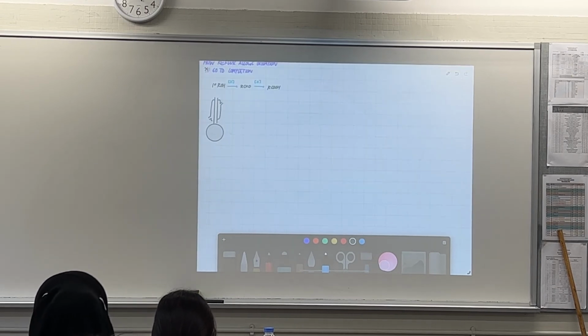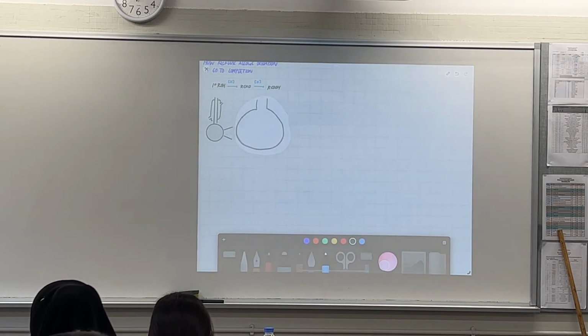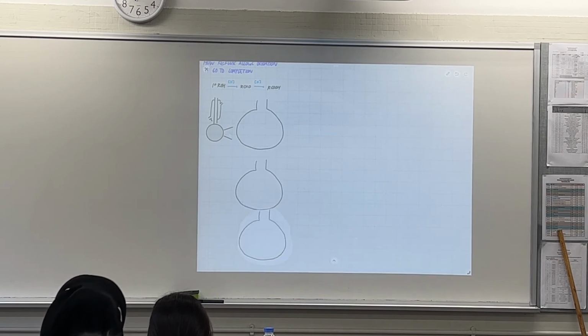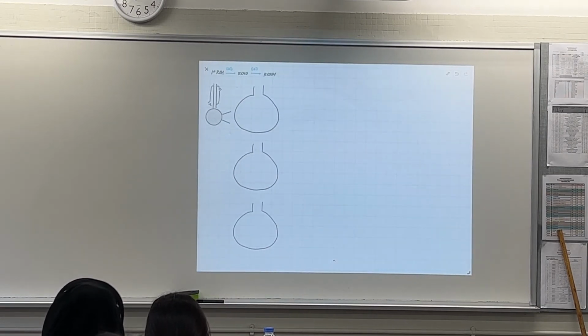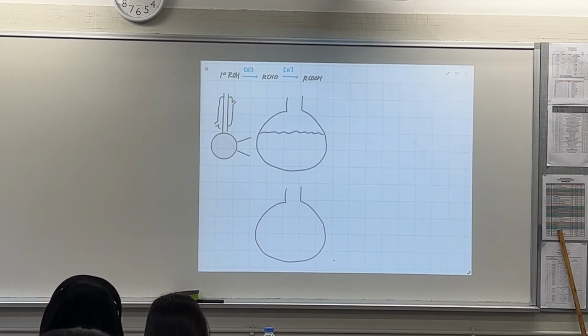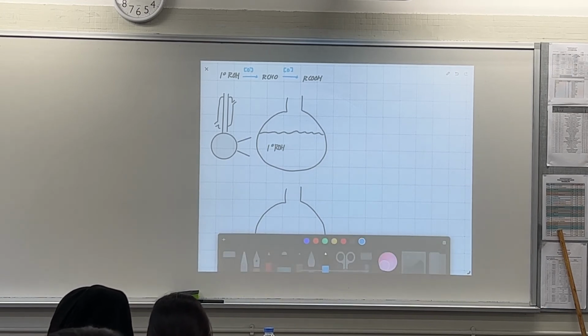I want to show you what is seen inside. So draw a round flask here. So at first, you have in your flask the primary alcohol. The primary alcohol would come into contact with some oxidizing agent to become aldehyde.